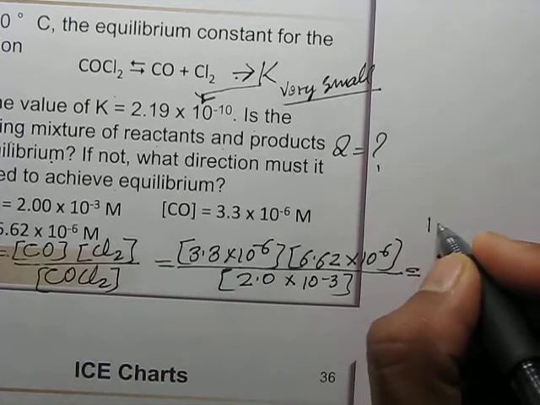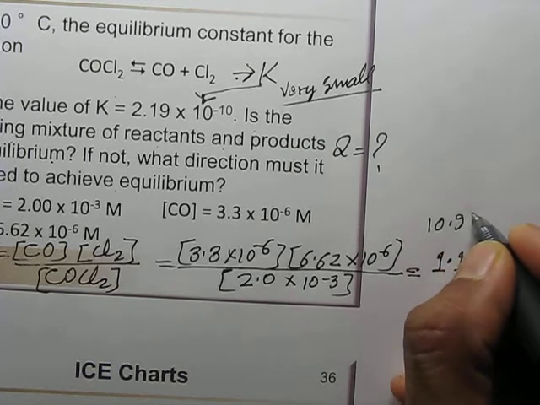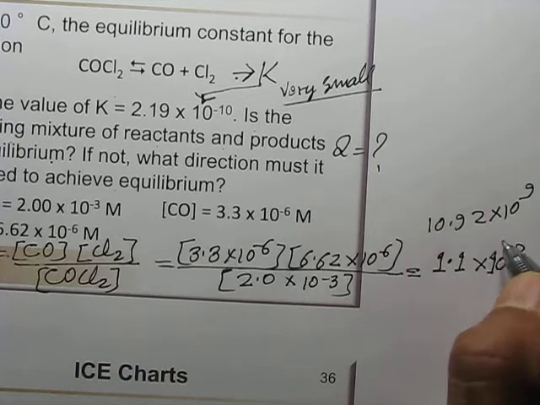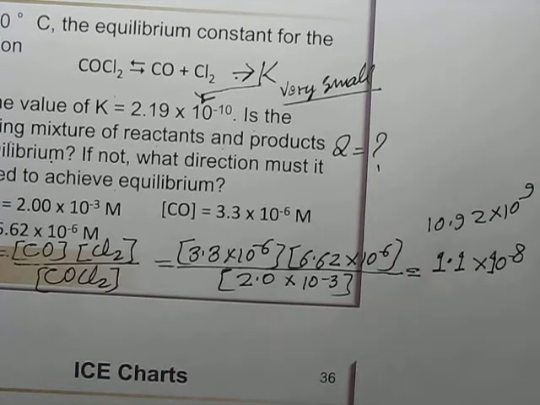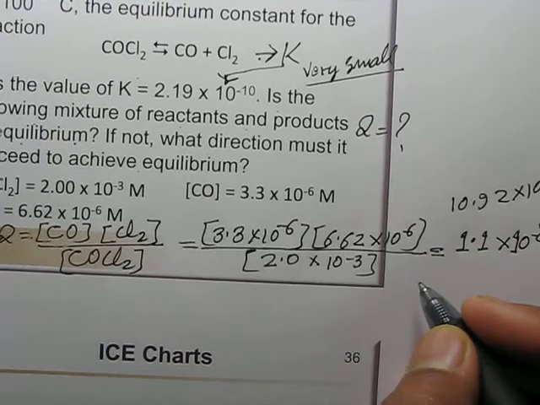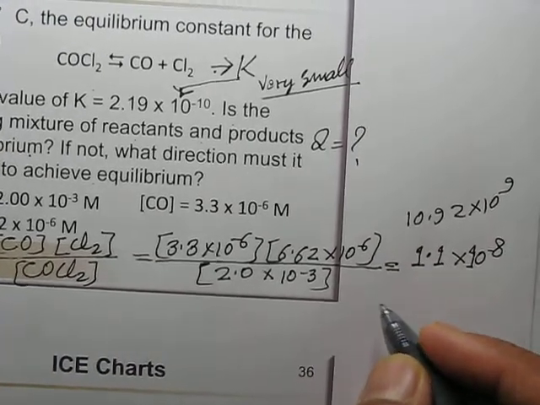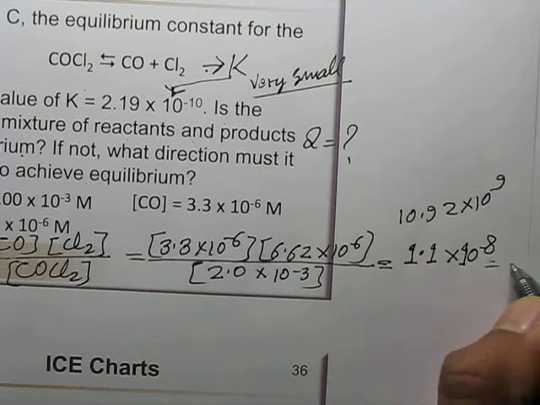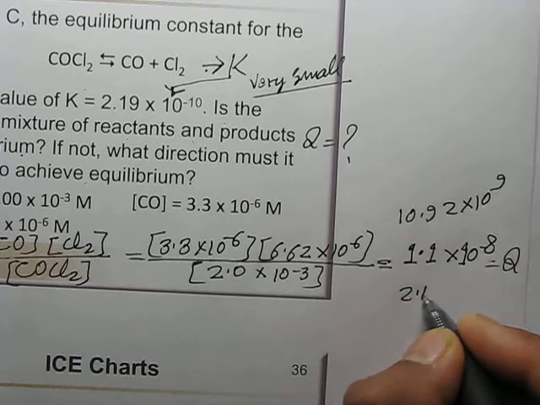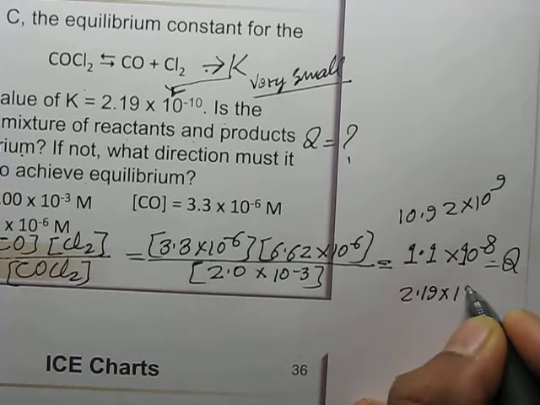Basically I got 10.92 times 10 to the power minus 9, which I corrected here. So this is my Q value, and the K value given in the question is 2.19 times 10 to the power minus 10.